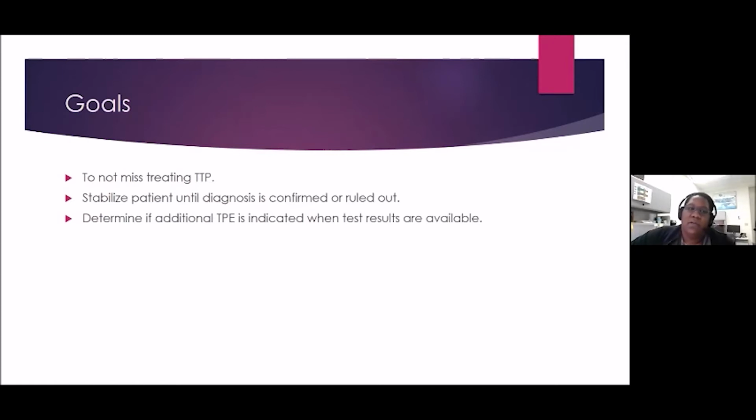And the goal of this is to not miss treating TTP. And so if you start TPE, what you want to do is stabilize the patient until you can confirm TTP or rule it out. And then once you confirm or rule TTP out, you can determine if you need to do further TPEs.